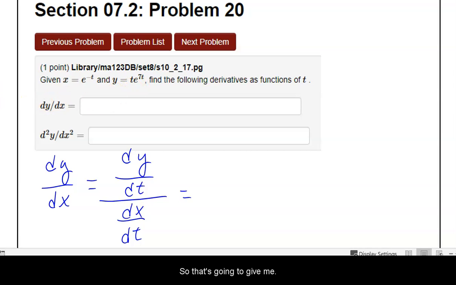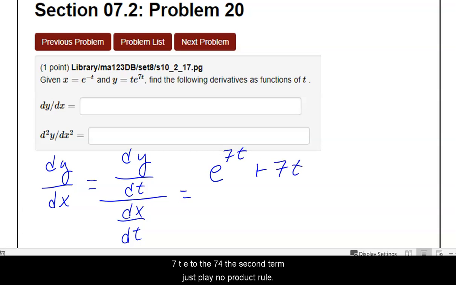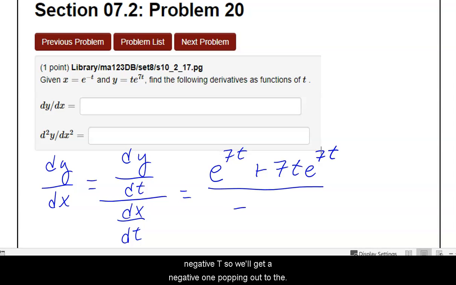So that's going to give me e to the 7t for the first term plus 7t e to the 7t for the second term, just plain old product rule. The derivative of x, however, is just the exponential, but it does involve chain rule because the power on e is negative t, so we'll get a negative 1 popping out to the front. So we get negative e to the negative t.